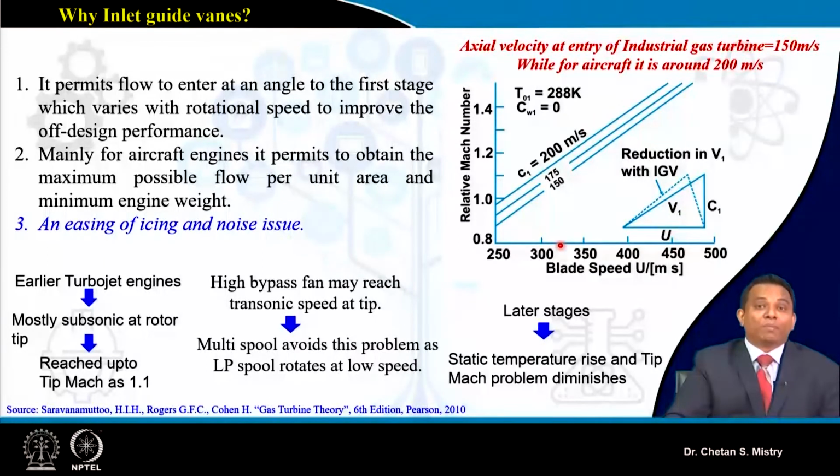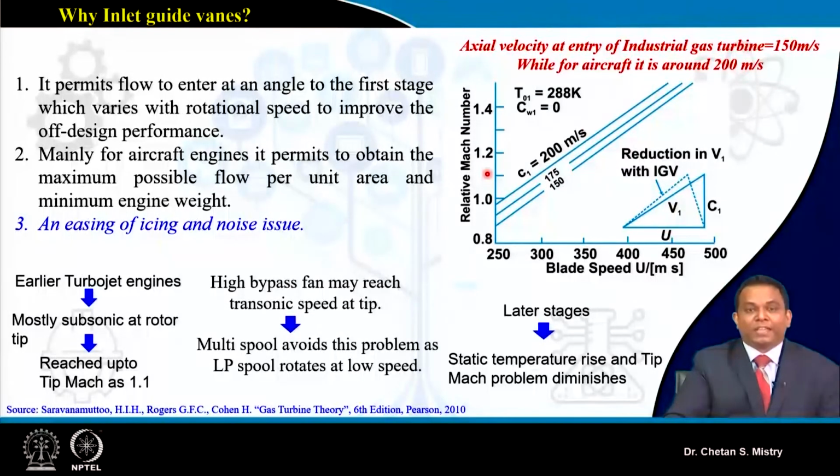If I am reducing my blade speed, you can understand we are reducing our per stage pressure ratio, because your work done is directly related to your peripheral speed. Okay, and here, if I go with higher blade speed and higher axial velocity, it is definite that my flow will go into a transonic range.